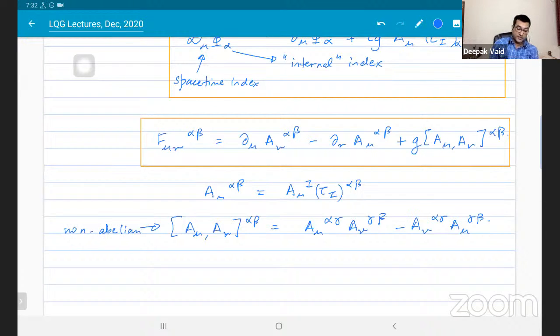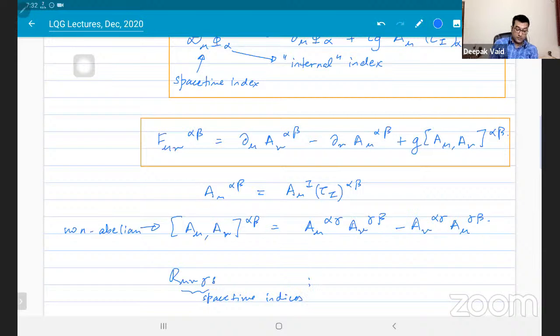But there is a difference. The difference is that your Riemannian curvature tensor has four spacetime indices: R, mu, nu, let's say gamma, delta. These are all spacetime indices.